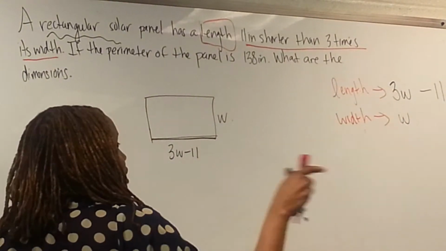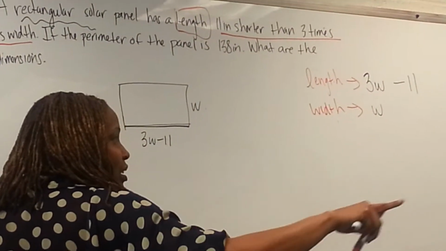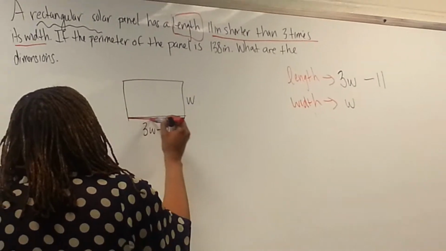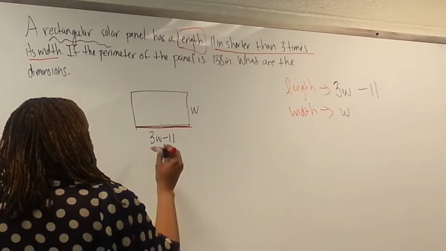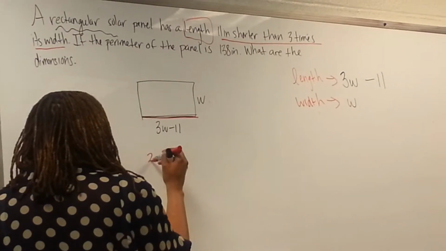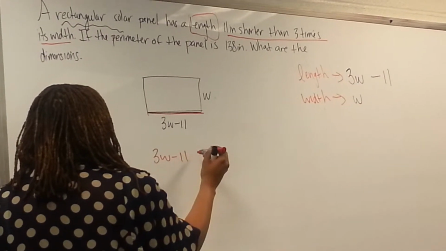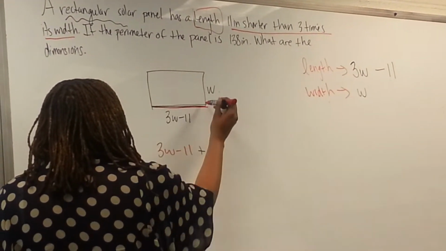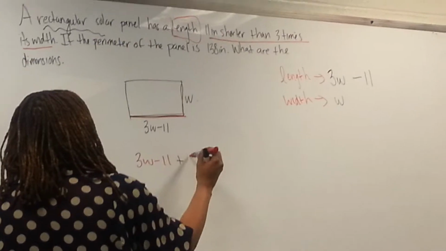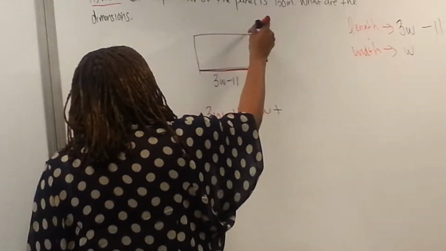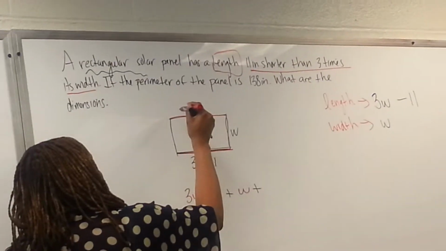Go that way. From here to here is how long? That's one side. Plus from here to here is how long? Plus from here to here is how long?